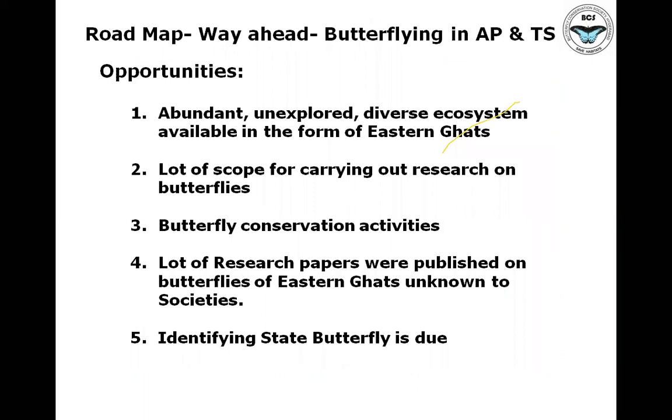Actually, the opportunities for butterflying and surveying are very abundant, but unexplored. A diverse ecosystem is available in the form of the Eastern Ghats, with a lot of scope for carrying out research on butterflies and butterfly conservation activities.